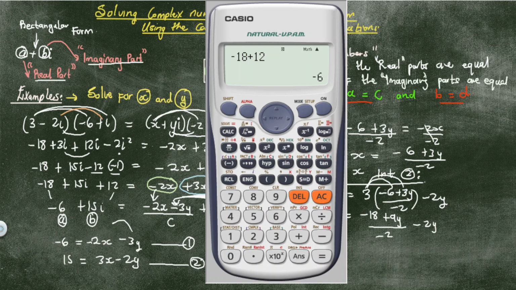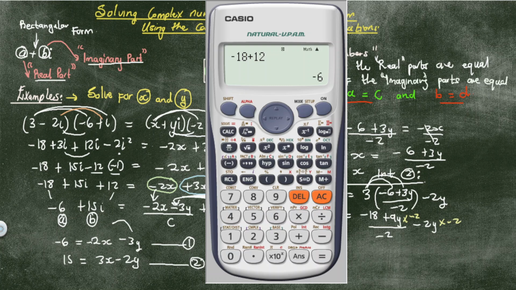Then we simplify again. Now we have a fraction here. So how do I get rid of the fraction? I multiply by the LCD. Multiplied by minus 2 throughout. The minus 2 is the LCD for this equation.